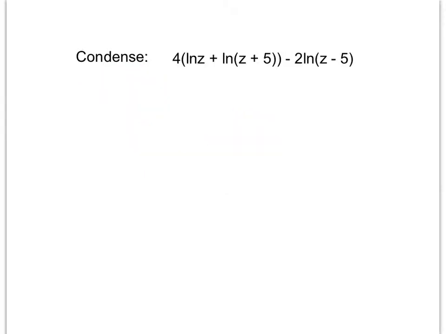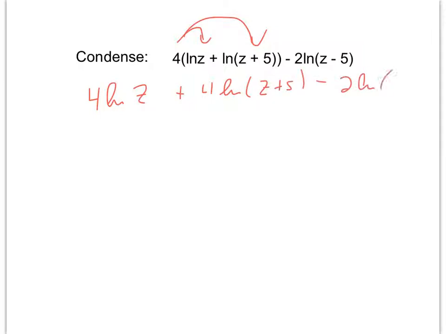Okay, and we're going to condense this last one too, where I have 3 ln's. But before I do, I'm going to just distribute this 4. So what I have here is 4 ln z plus 4 ln of (z plus 5) minus 2 ln (z minus 5).